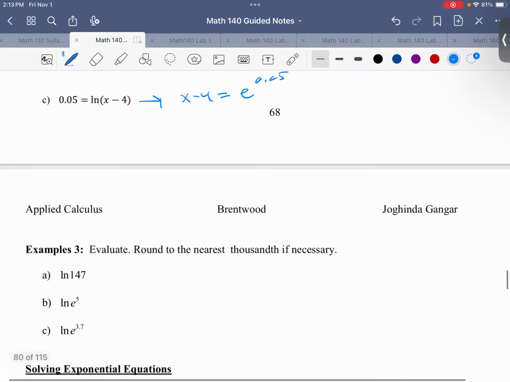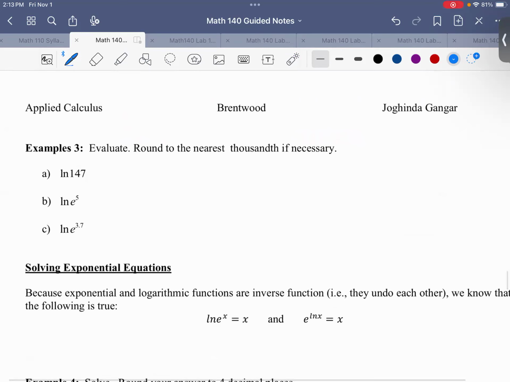Okay, moving on to just evaluating some natural logs now. So for here, all we need to do is just compute these values. So what we would do is just use your calculator or use Desmos, whichever you see fit.